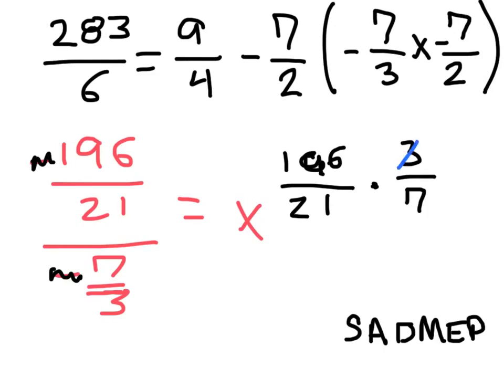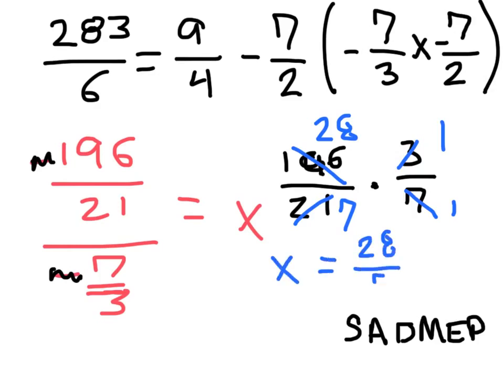We can take 3 out and get 1, and 7. We can take 7 out and get 1, and 28. So 28/7 times 1, and x equals 28 over 7, which can be simplified down to equal 4. So our final answer is x equals 4.